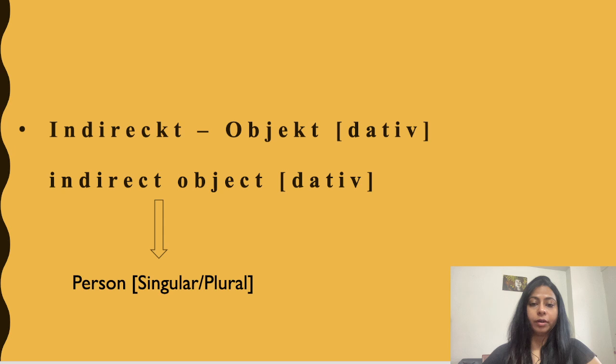Now moving on, the indirect object or the dative object is mostly a person for whom the action is intended. So you have to understand that dative case is basically the indirect object. Now what is an indirect object? It is mostly a person, singular or plural, for whom the action is intended.